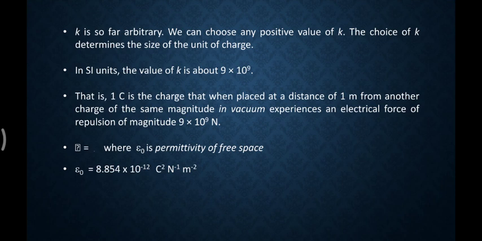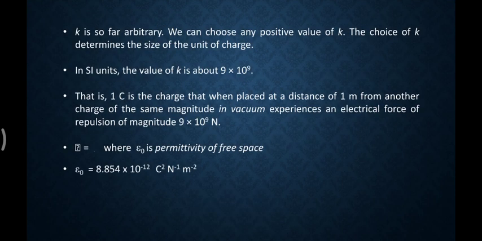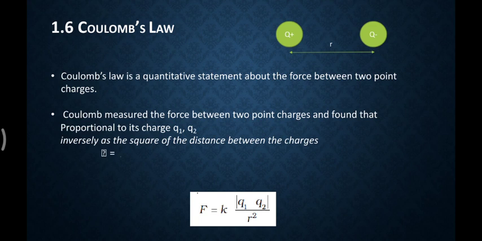How k is defined, let us see, a very important part. 1 coulomb is the charge that, when two 1 coulomb charges are placed at a distance of 1 meter from each other in a vacuum, feel a force of 9 into 10 to the power 9 Newton. It means q1 and q2 are both 1, r is also 1, so all of these are 1.